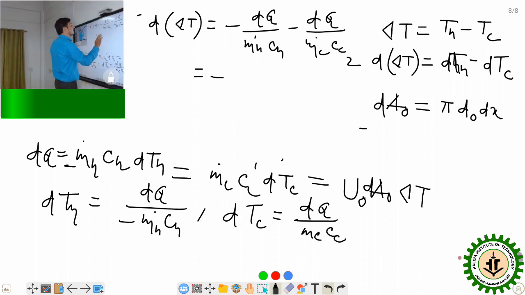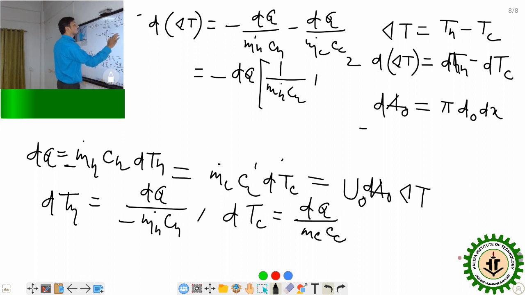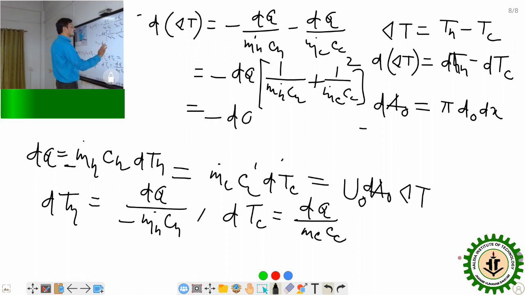So minus dQ is common, taking it common, it would be 1 by mH CH plus 1 by mC CC. Within this parenthesis is written a constant, mu p. Mu p is a constant term, which is nothing but this term within the parenthesis. Here p represents the parallel flow.